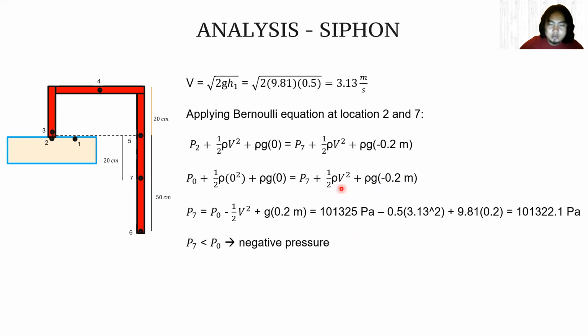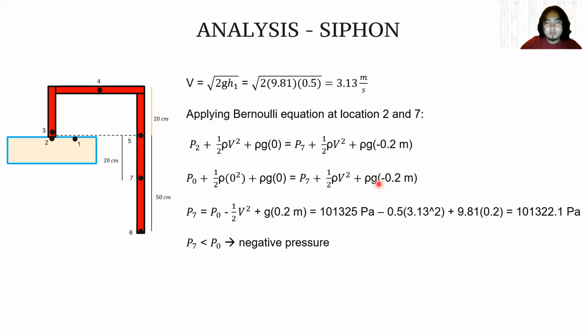By arranging this expression, P7 equals P naught minus half V squared minus g times 0.2.